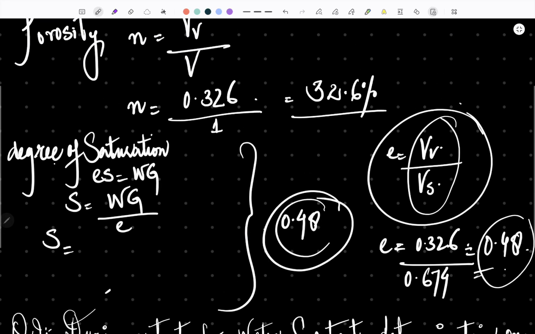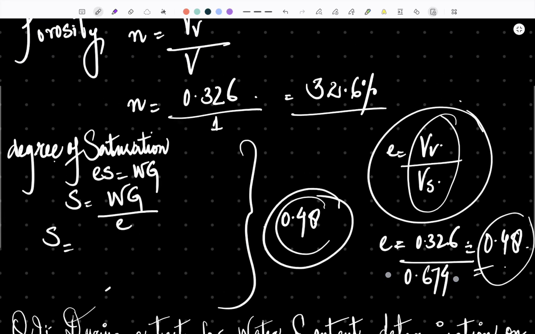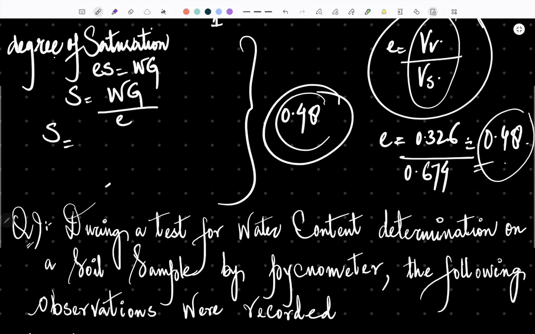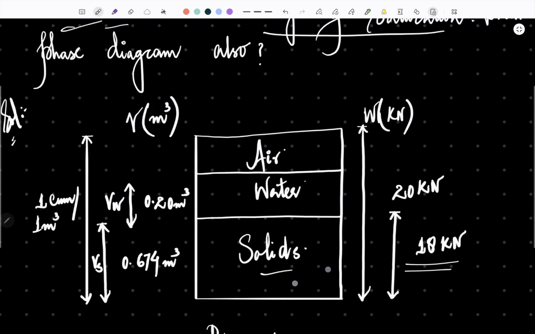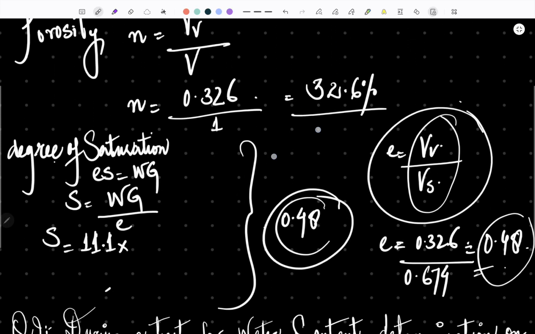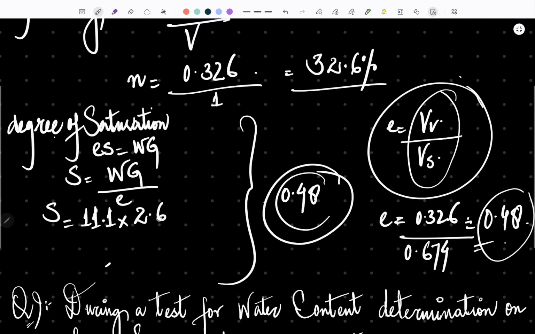We'll be substituting the values: water content 11.1%, specific gravity of soil solids given in the question 2.67, and void ratio we just found using two different equations, 0.48. By calculations, my degree of saturation is 61.74%.